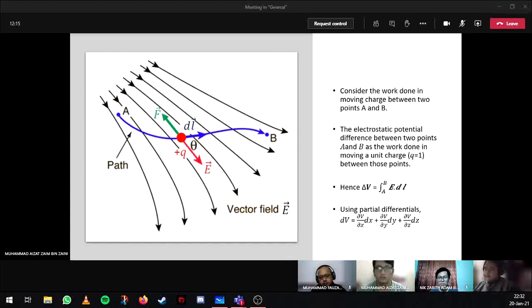The equation is the integral from A to B of E dot dl. For this solution, we use partial differentiation to solve our problem. This is an example of partial differentiation. Let's head to the next slide.